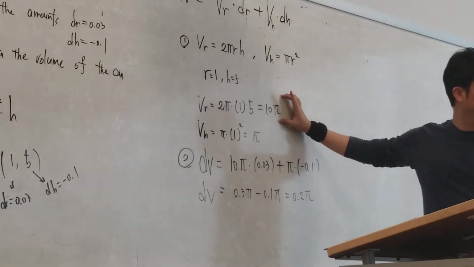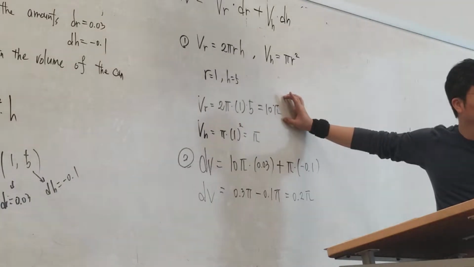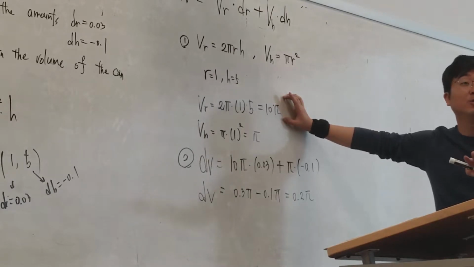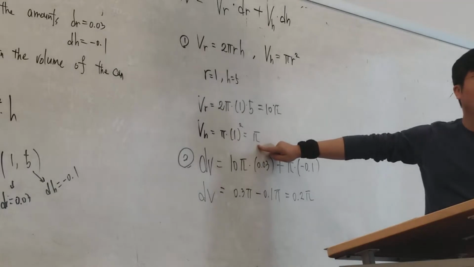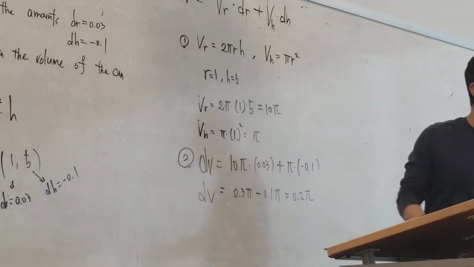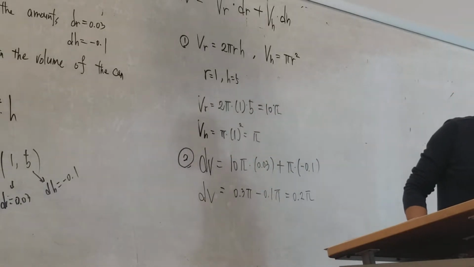We have a different rate for radius and H. Radius is 10 pi. So if you decrease or increase, change your radius, it affects your volume too much because we have 10 pi compared to height. Height has just pi, 10 times different. This is much faster. That makes sense.